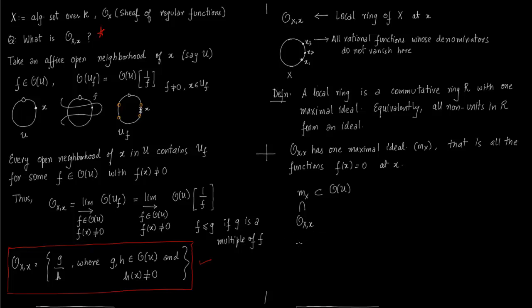So m_x definitely belongs to O_{X,x}. I'm not sure if it belongs to O(U), so you should take the second sign with care. So m_x is the only maximal ideal in O_{X,x}. So this you can see, if a function is not a part of m_x, that means f(x) is not 0. So that means 1/f is part of the ring.